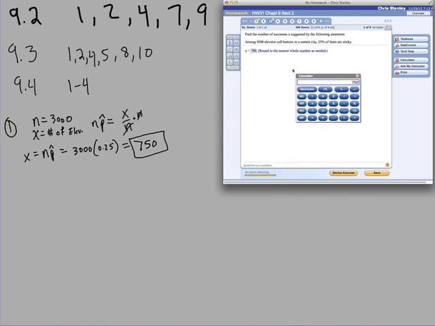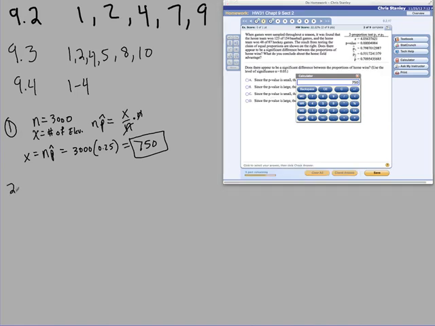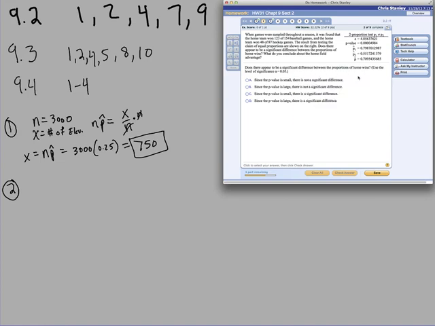Okay, let's go to number 2. We can see here, whenever you do these problems, we start off with: is it a proportion or a mean problem? From a proportion, we could do a one sample interval or a one sample hypothesis test.